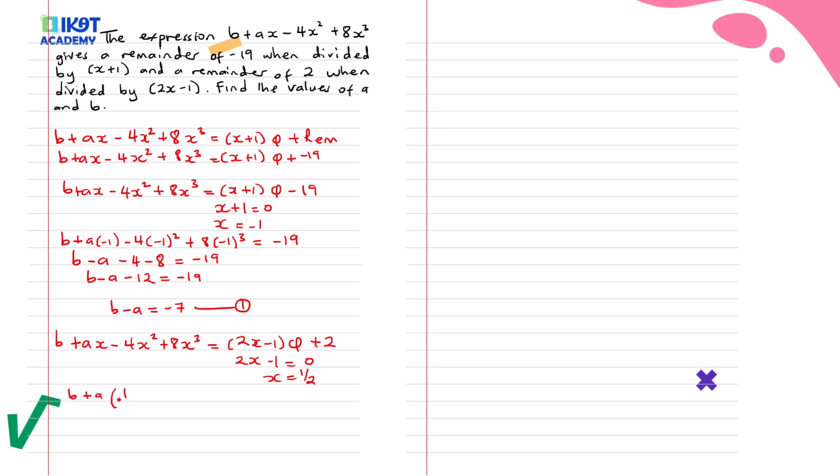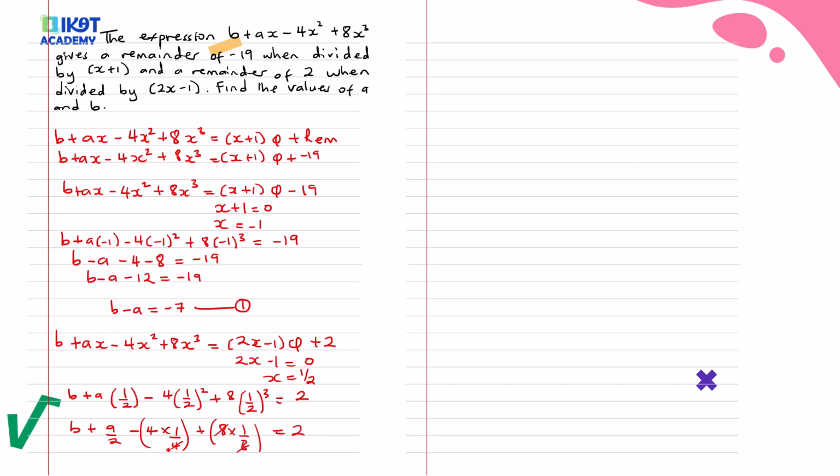So this is b plus a into a half minus 4 into a half squared plus 8 into a half cubed is equals to 2.